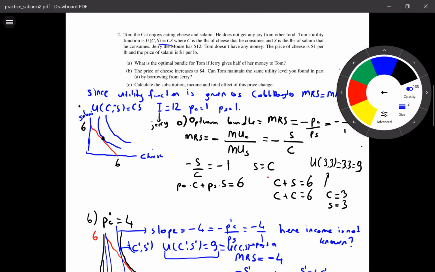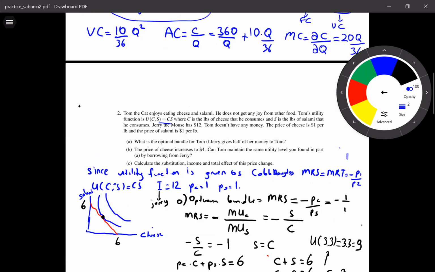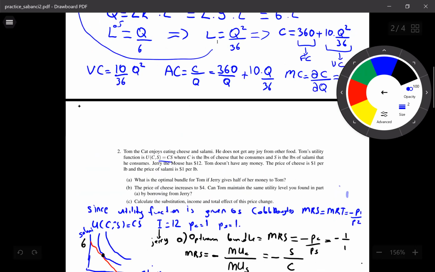Then it asks us to calculate the substitution and income effects and the total net effect of this price change. Actually, we have done that, but let me repeat it here. This is cheese, this is salad. Let's say this is the initial indifference curve.